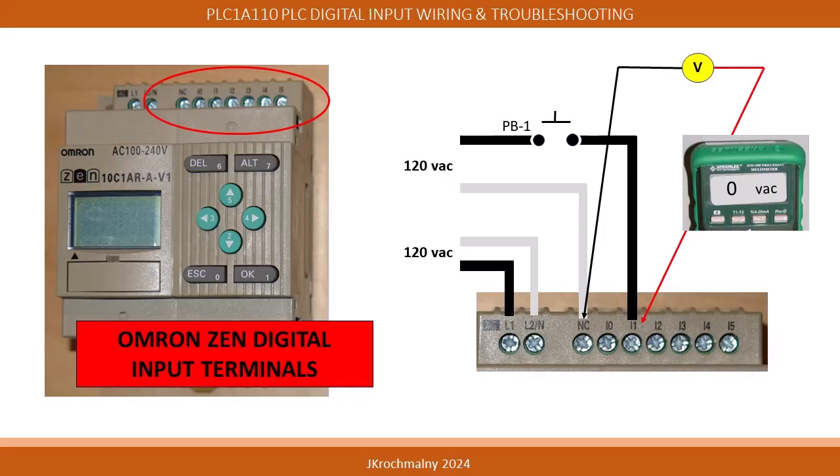If the upstream switch is in the open position, 0 volts AC is measured. If the upstream switch is in the closed position, 120 volts AC is measured at terminal I1 in reference to the NC terminal.